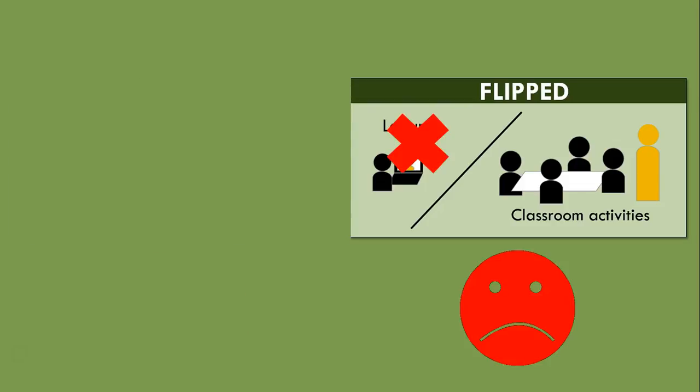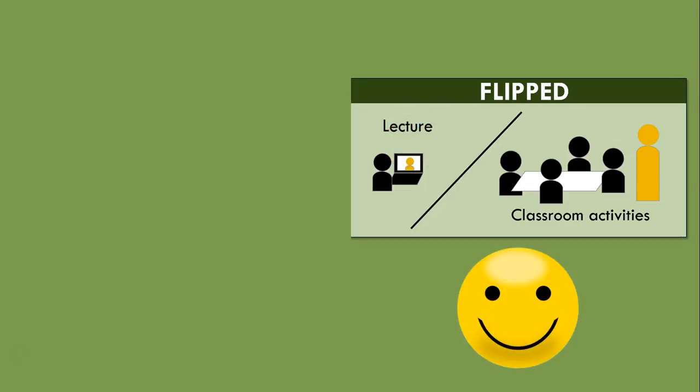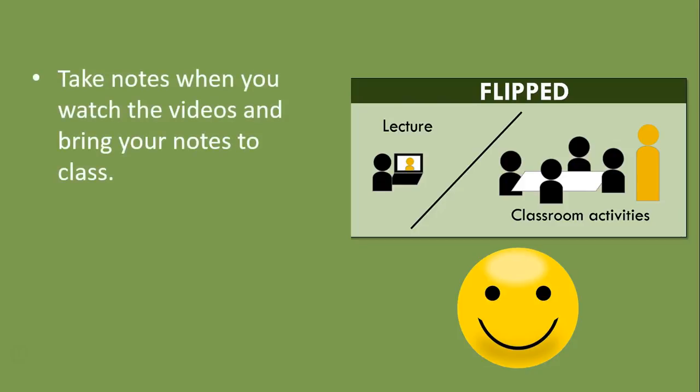So let's talk about how you can have a good result in a flipped classroom. And what I'd like to share with you is some information that students of mine have given me to pass along to future students in flipped classrooms. How can you be successful? Well, the one thing they've said, first of all, is when you watch those videos, you need to take notes, just like you would if you were sitting in a classroom.